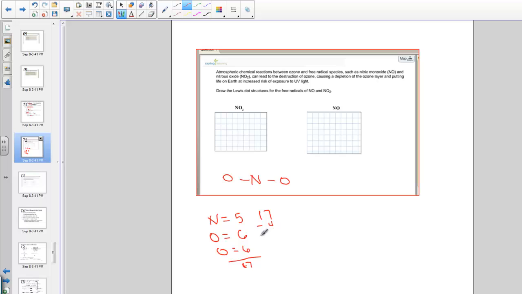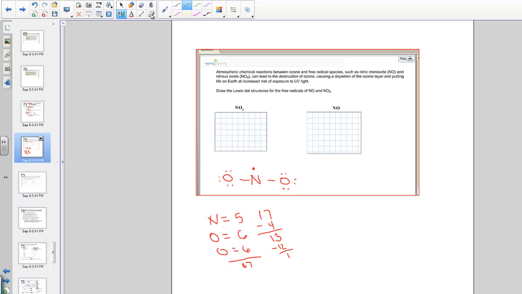I just used 4, 1, 2, 3, 4 to make those single bonds. I'll fill out the octet of the outer elements, and by doing that, I used 12 electrons, leaving me just 1 more. That extra electron will get placed on the nitrogen.